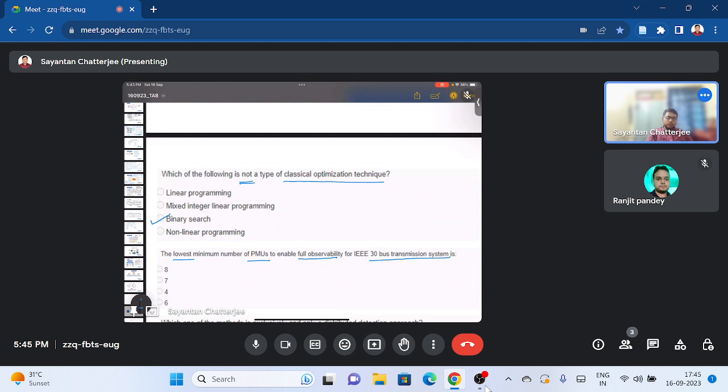So by using 4 PMUs, all 14 buses can be monitored for the IEEE 14 bus system. But the question is for the IEEE 30 bus system.